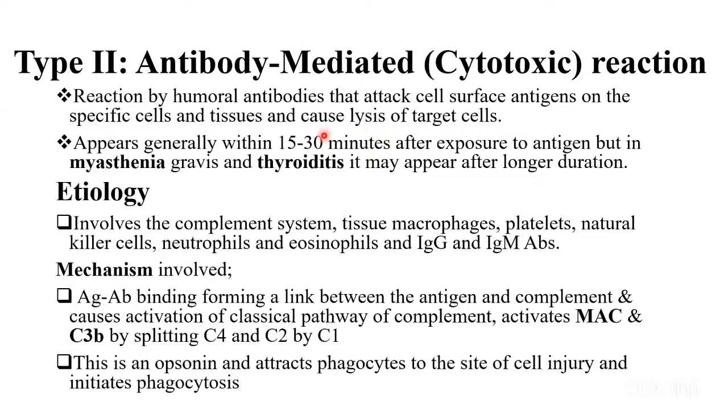And when they are detected, these particular antibody reactions will be able to cause the type 2 hypersensitivity reaction, and we shall be able to have an immune reaction happening within 15 to 30 minutes. So, etiology here.